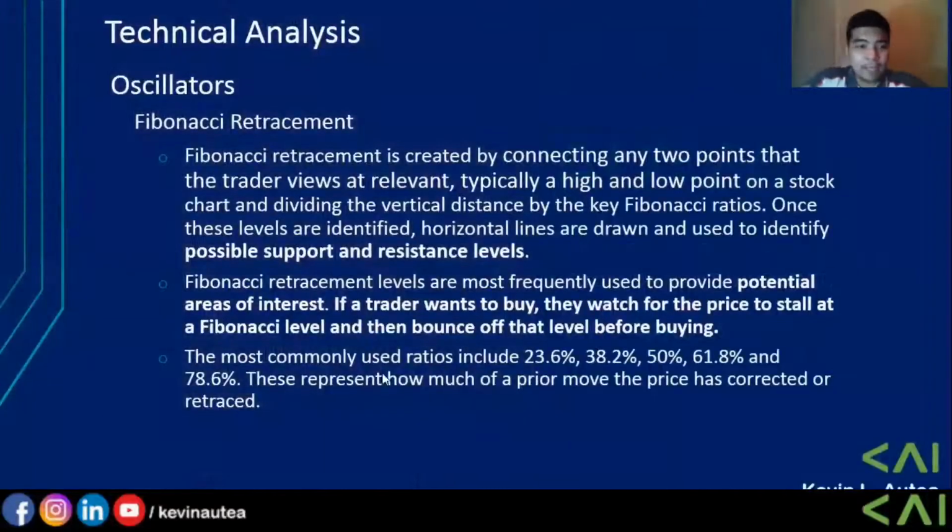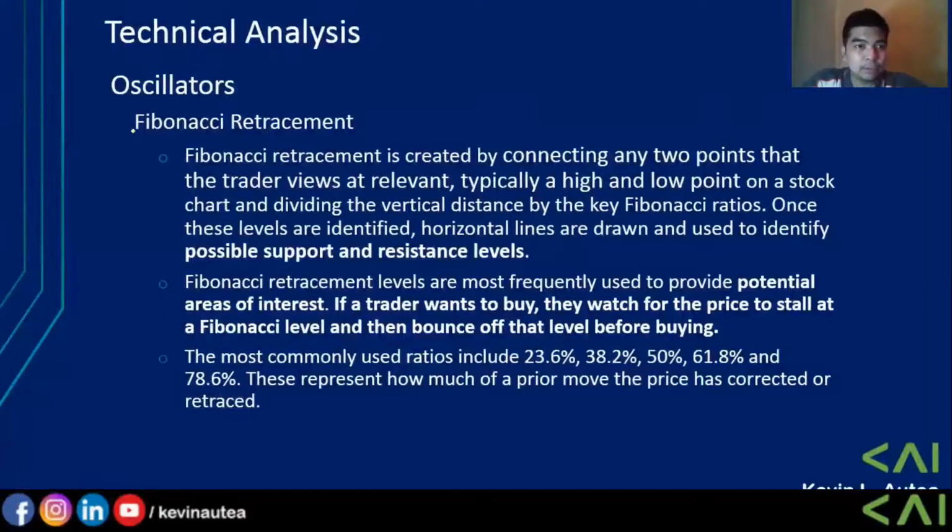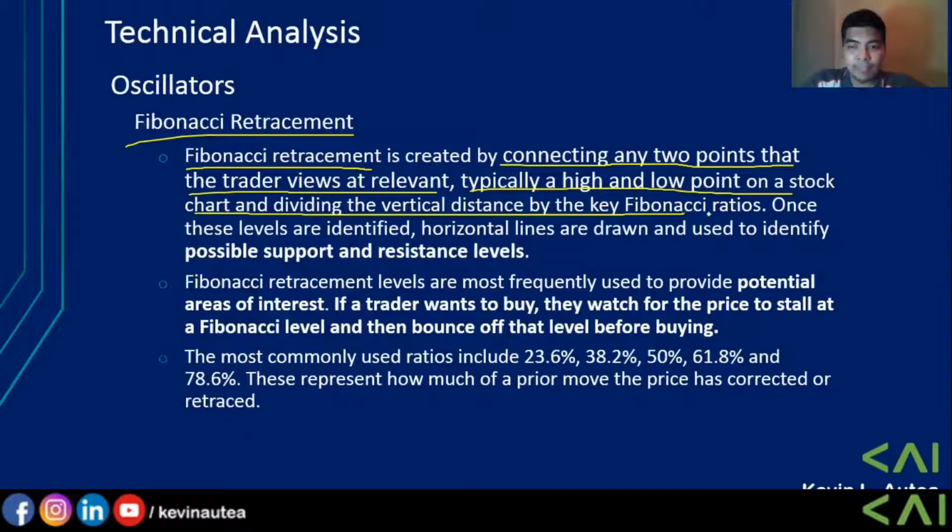So let's define first what a Fibonacci retracement is. By definition, a Fibonacci retracement is created by connecting any 2 points that the trader views as relevant, right? Typically, a high and low point on a stock chart, and dividing the vertical distance by the key Fibonacci ratios.